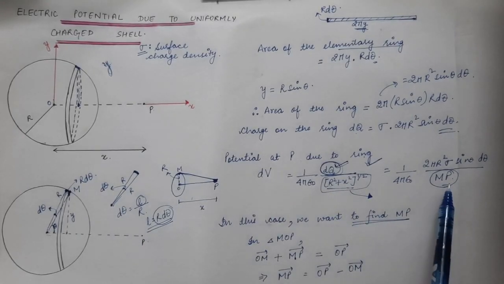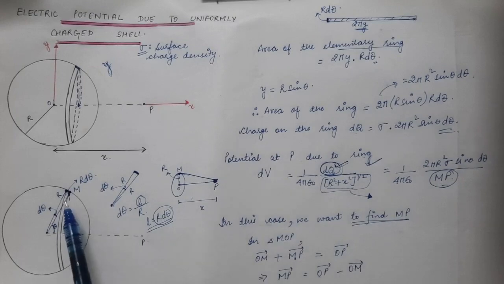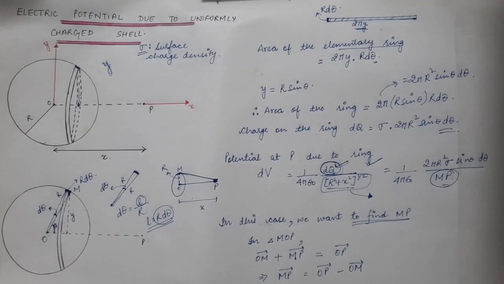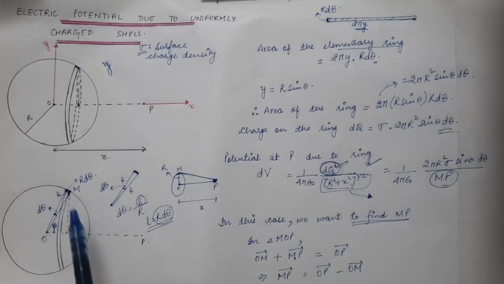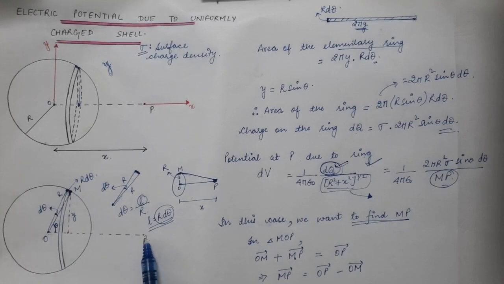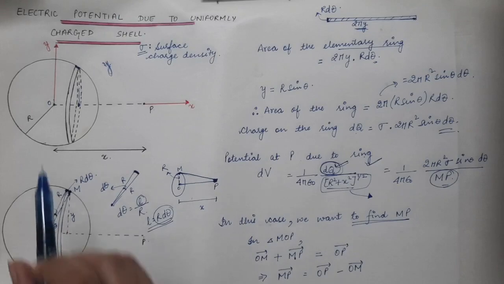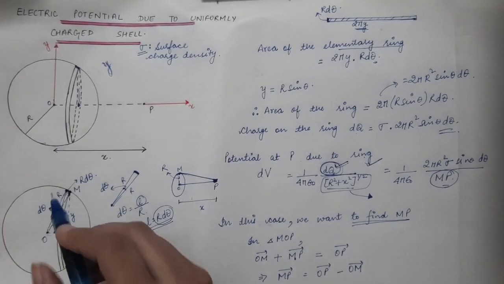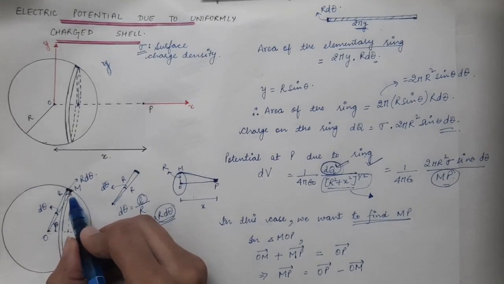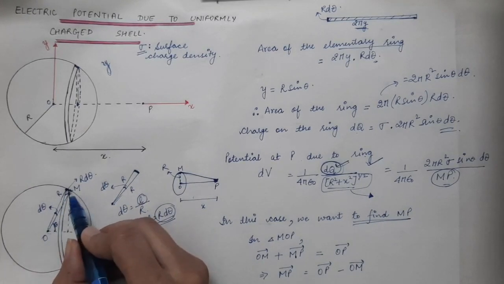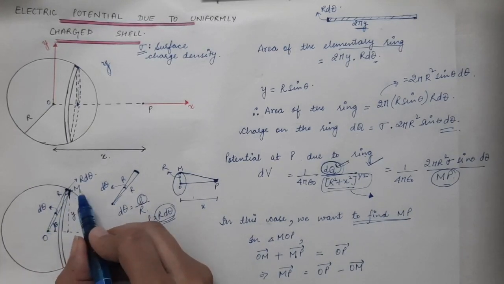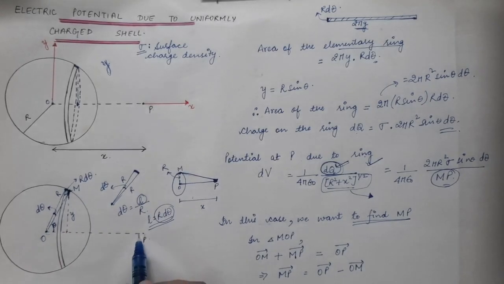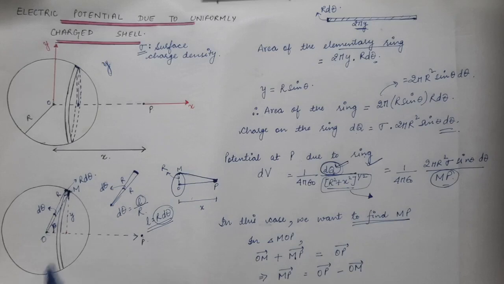So now to find MP, we will look into this triangle. This is the center of the sphere, this is the point M, and this is the observation point P. This is also the origin of the coordinate system as we have said over here. So this OM vector is the position vector of point M. Similarly, OP vector is the position vector of the observation point.